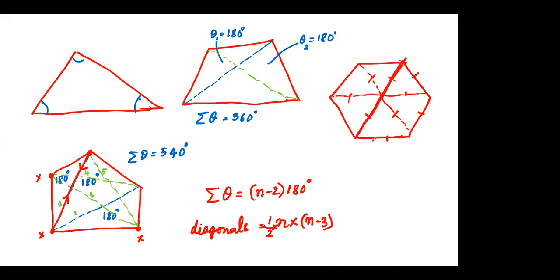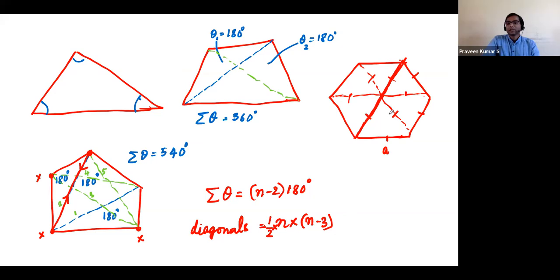Yes, sir. So if this was A, this would have been A, this would have been A, this would have been A, this would have been A. So the length of the diagonal would be 2A. Am I right?